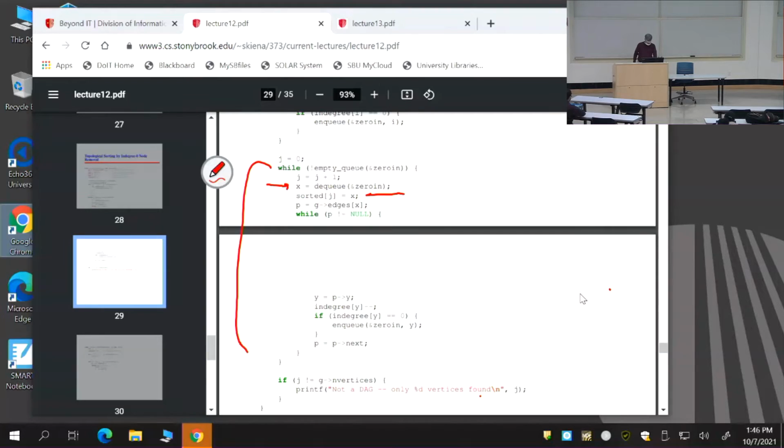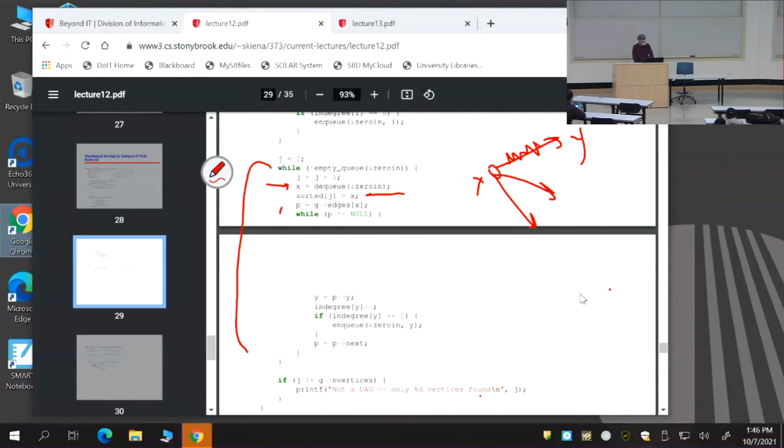Then I'm going to go through all the outgoing edges. Once I've decided to put X someplace, there are no ingoing edges to me, but there might be outgoing edges. For each outgoing edge, if I have an edge to Y, what happens when I delete that edge?